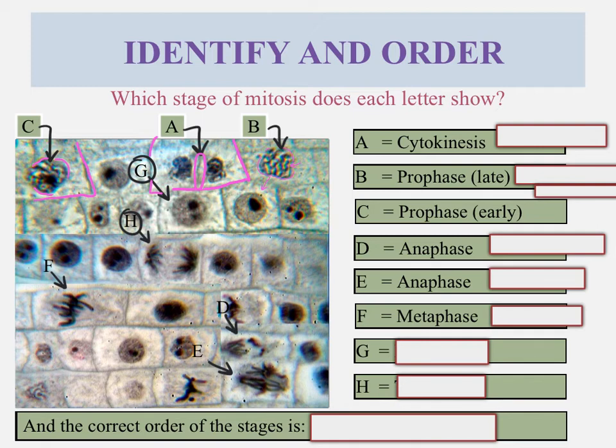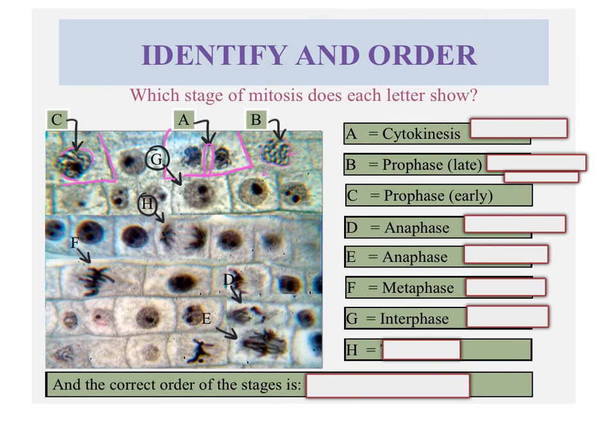G is where it starts getting a little bit interesting. So G was a bit of a trick one. G actually showed interphase, which isn't technically a stage of mitosis. Now finally, H is telophase, because again we said, remember, that we can identify telophase when all of the chromatid arms are touching one singular point.